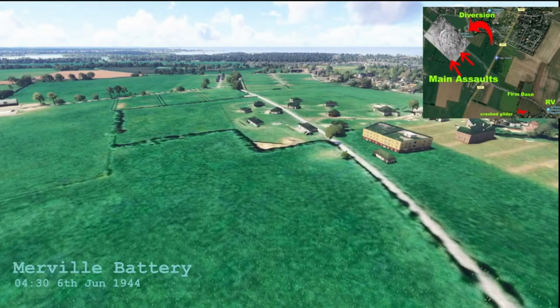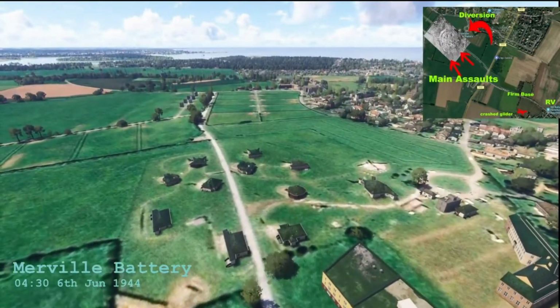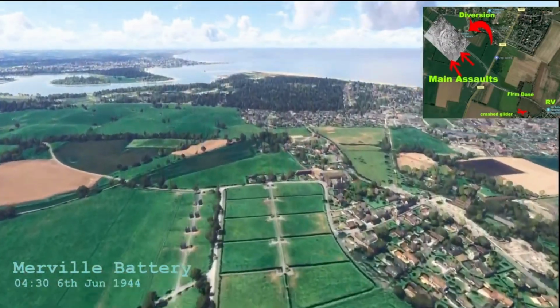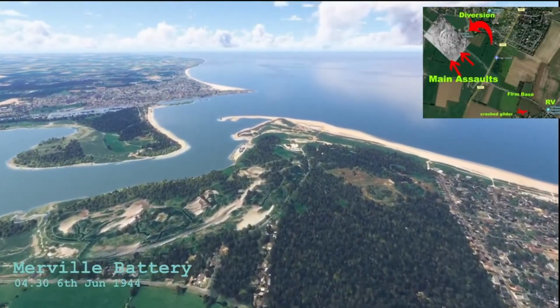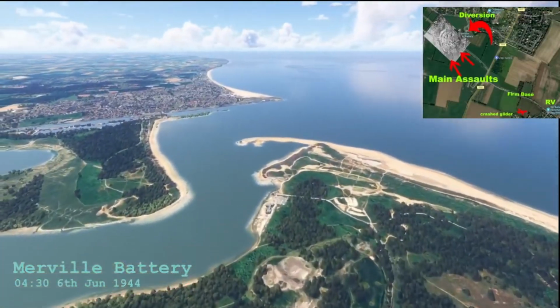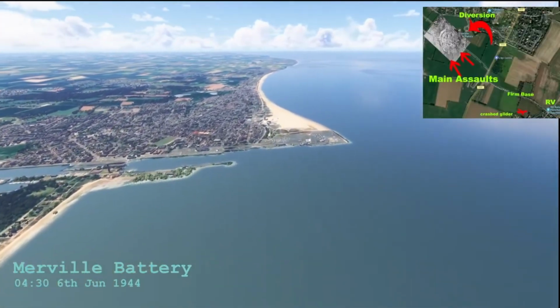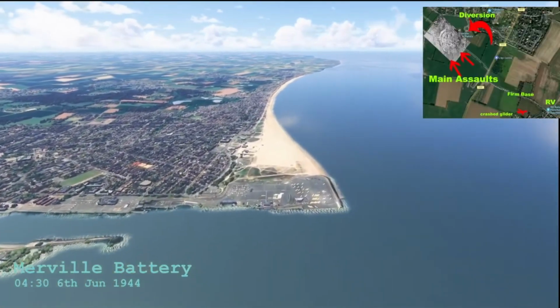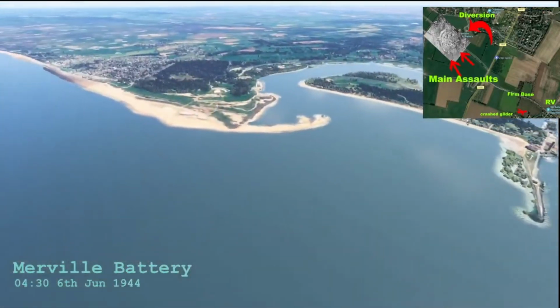As we mentioned, the suspected guns in this were 115 millimeter, and that had a range of about 8 miles. So it was deemed that the landings here at Sword Beach would be threatened by this battery.